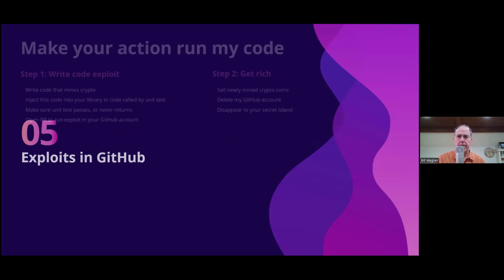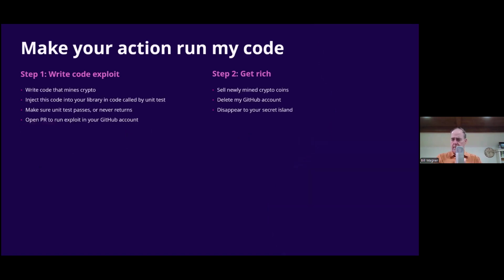All right, so one of the first things that I would want to do if I'm evil is write some code that just mines crypto, because that way you spend your CPU resources and I get the money. So I'm going to inject this code into your library, in some code that's called by some unit test. Okay. You've got pretty good unit test coverage. That's not that hard. And now I'm going to make sure the unit test passes, or it never returns because it's still mining crypto.